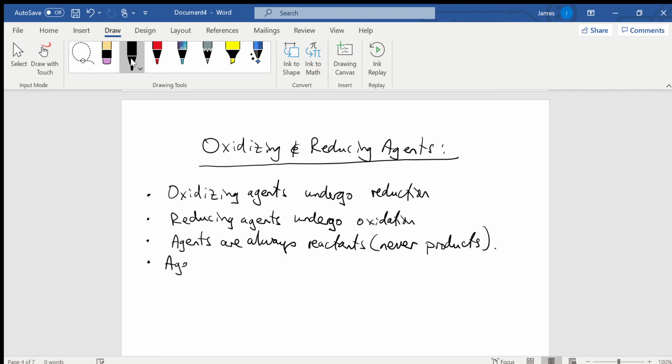And the agents are always the entire reactant, never single elements within a reactant.